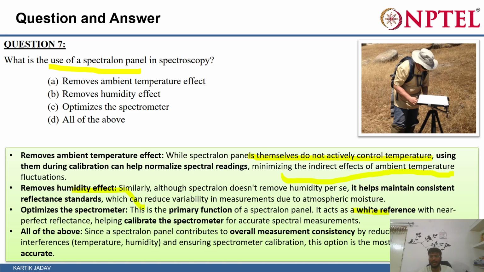It acts as a white reference with near perfect reflectance that helps to calibrate the spectrometer. And so option D is all of the above. So the correct answer is option D. Right, so all of the above is the use of a Spectralon panel.